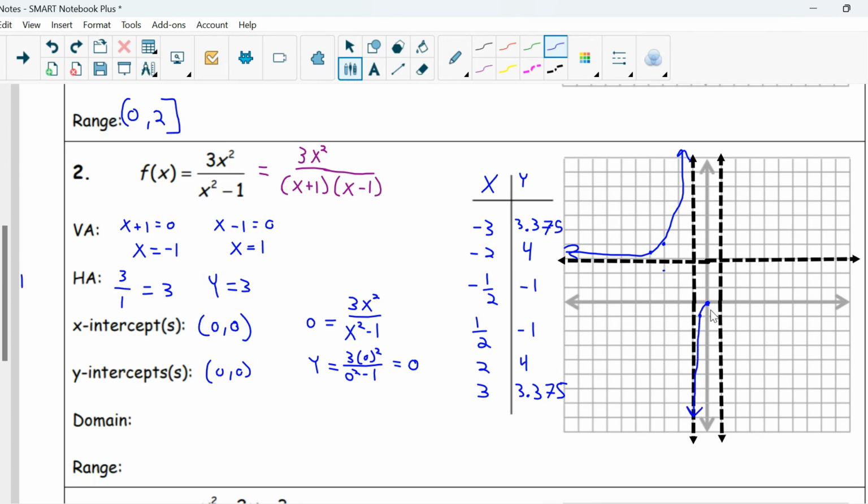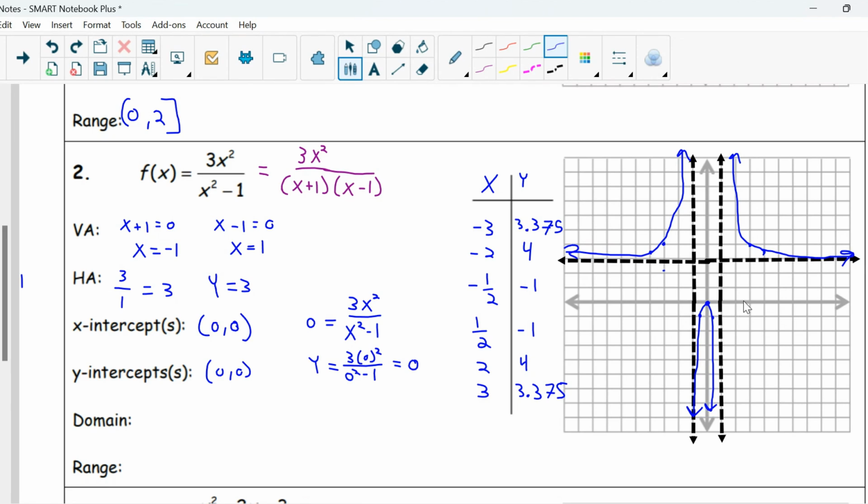It's going to give me a parabola-like shape. And then on my right side, I've got 2, -4, 3, 3.375. It's just going to look the opposite of my left side. Okay, sorry these graphs aren't the neatest. I'm trying my best with my pen here.